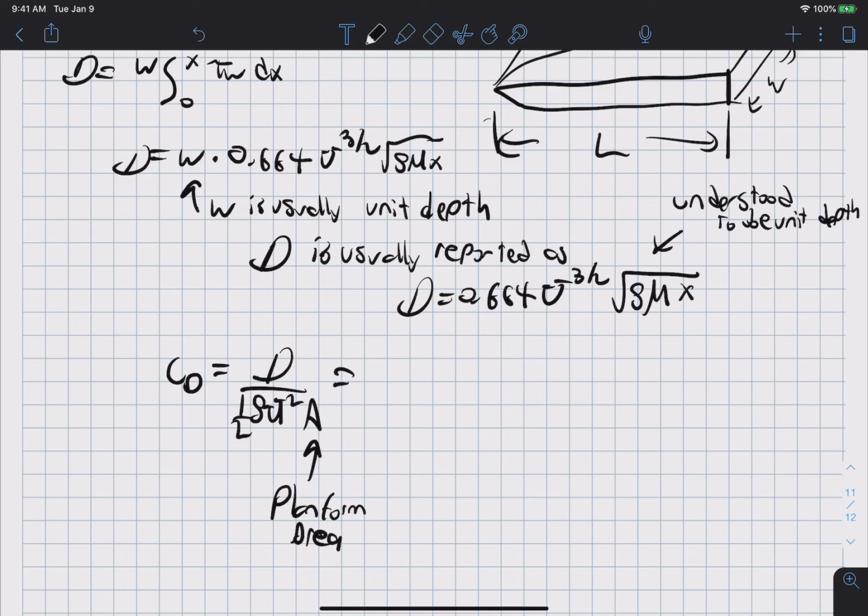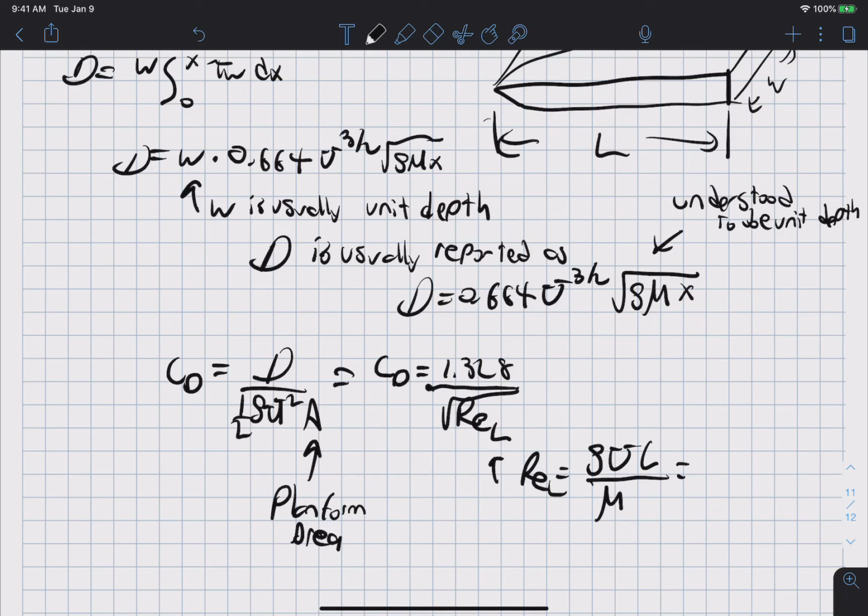And so if you stick in the numbers, this will be CD is equal to 1.328 over square root of REL, where REL equals rho times the free stream velocity times length over mu, or that equals U times L over mu.